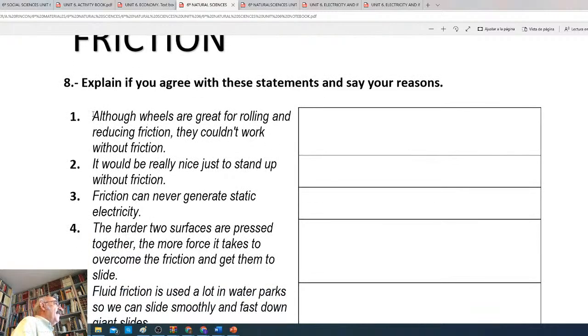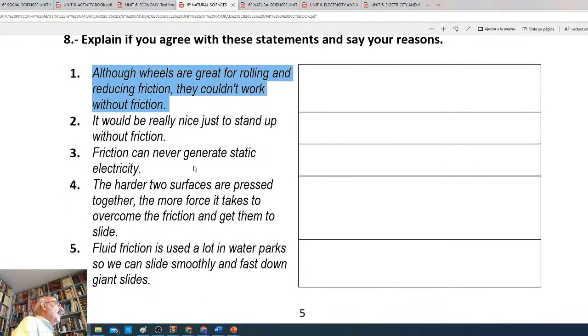So, the first exercise reads: although wheels are great for rolling and reducing friction, they couldn't work without friction. Do you agree or not? Is that true, according to your view, or not? I'm waiting for your answers.